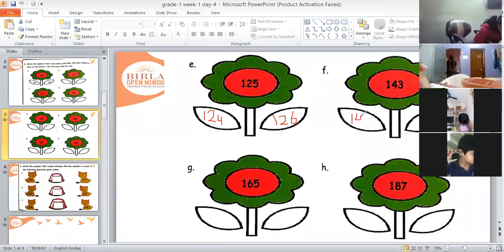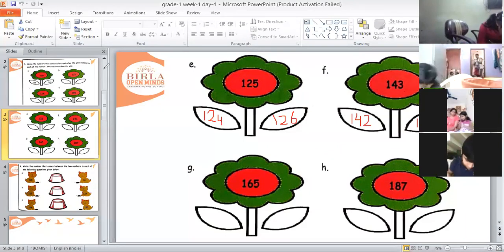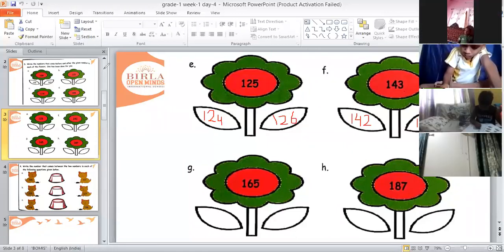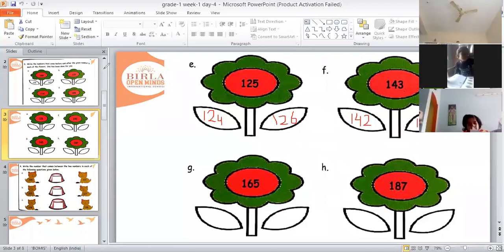And what comes just after 143? After. 144. Very good. Yes, children, keep on writing answers in your course books. This is 144. Very good, Sai Ritvik. Okay, that's the correct answer.